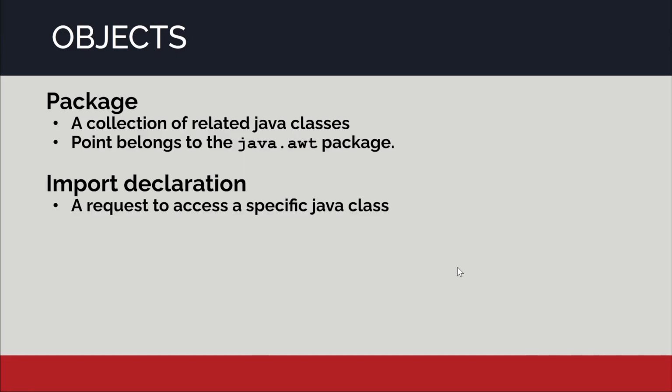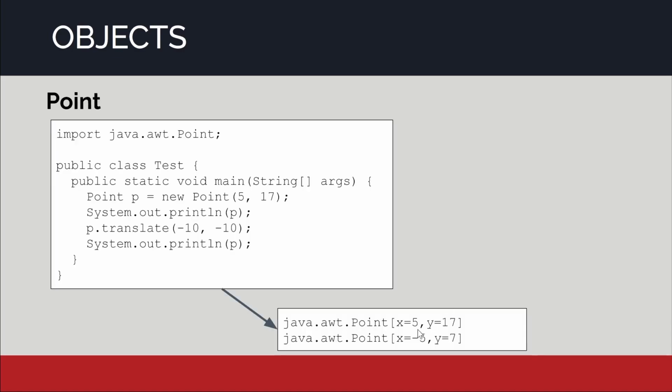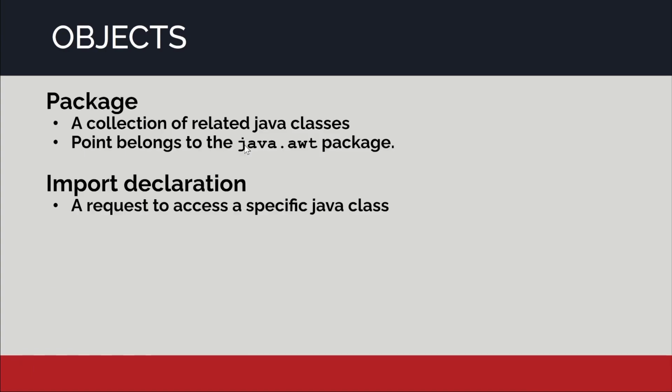All right, so I should point out on this particular slide, I talked about it before, the java.awt.Point, and I kind of skipped over it and didn't say what we were doing here. Import java.awt.Point. Well, what is that? That's a package. A package is a way of organizing code. So when you are using various classes, they're not just all dumped into the same place.